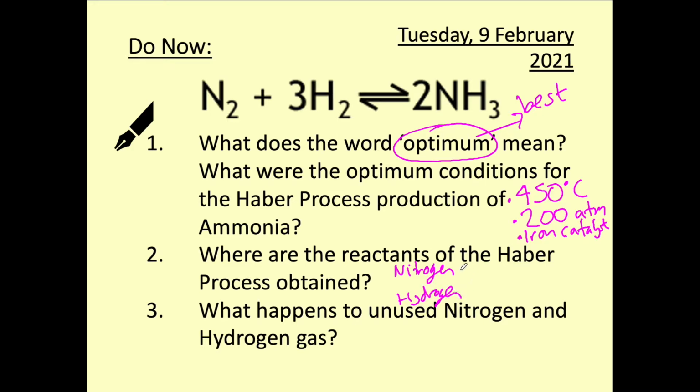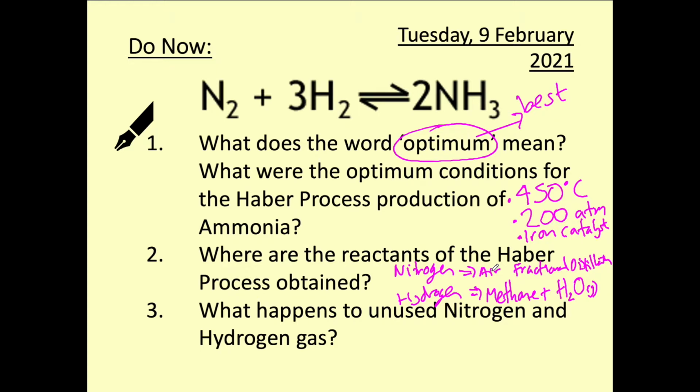So the nitrogen was from air, but we had to do a fractional distillation of air in order to obtain that nitrogen, whereas hydrogen we were obtaining from methane, our natural gas, where we are reacting that with steam in order to produce hydrogen. So methane is obviously a fossil fuel. It's one of our unrenewable sources and therefore not a renewable source of hydrogen.